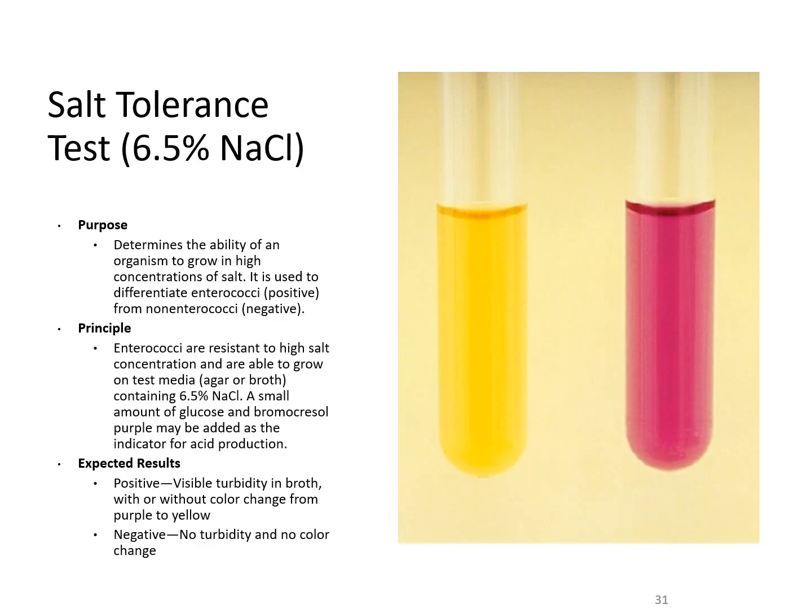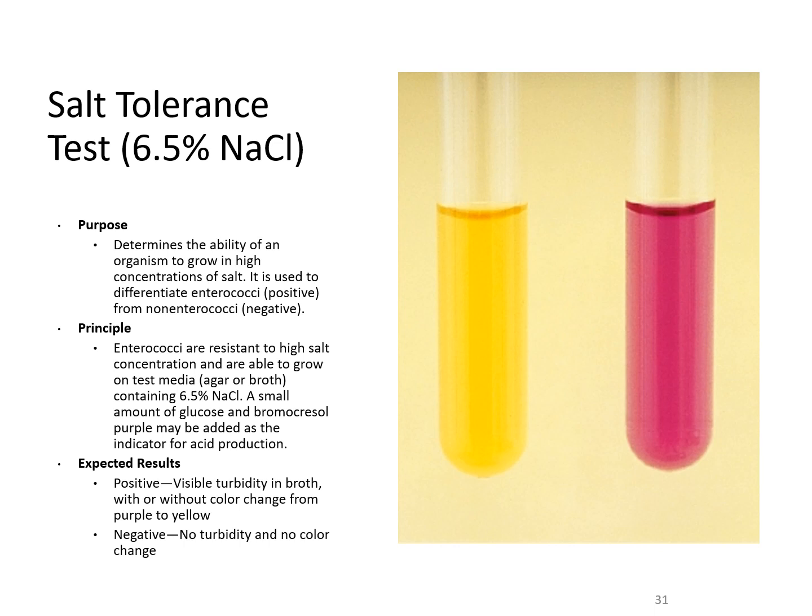Your salt tolerance test, or your 6.5% sodium chloride. If you have an organism that is resistant to a high salt concentration, an example of this would be your Enterococcus, then if you're suspecting that, you could inoculate a broth media with that colony, and then you allow time for that organism to grow.